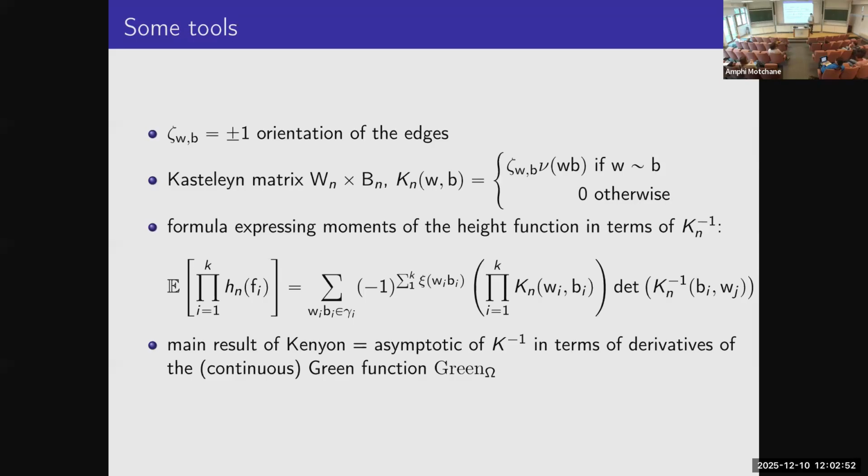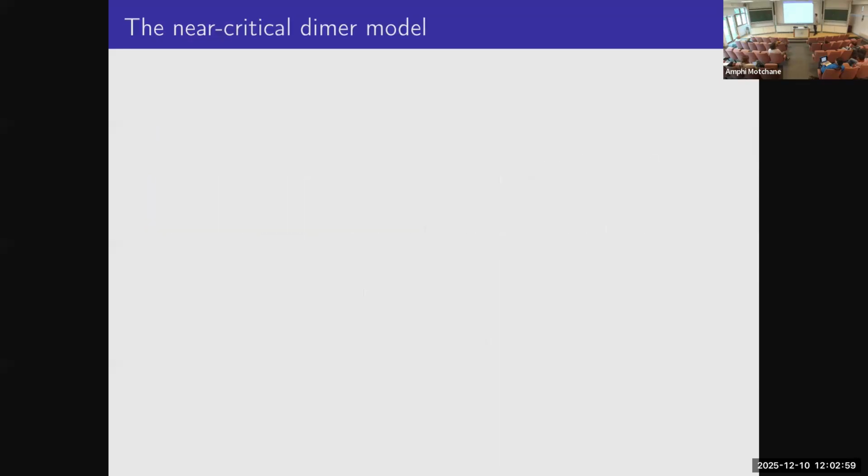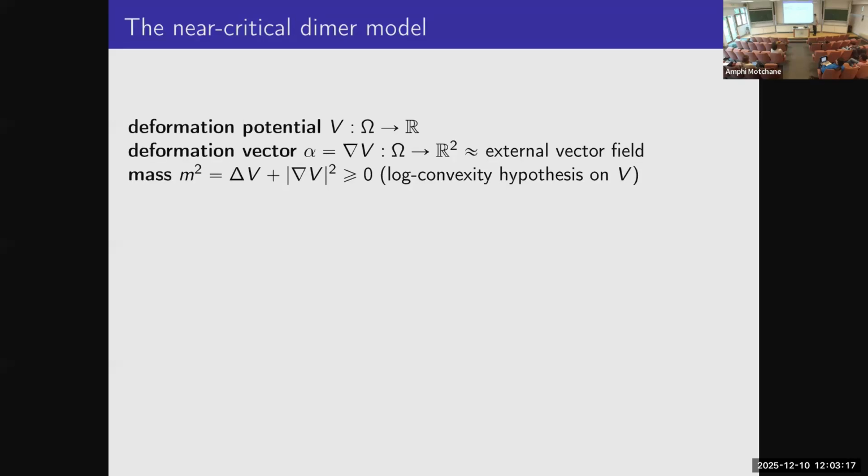Okay. So if everything is clear, I will go now to the near critical dimer model. So here, the model was critical, so the weights were just 1. If all weights are 1, the model is in its critical phase. But what we want to do is to look at the near critical dimer model. And the near critical weights are a small deformation of the critical weights.